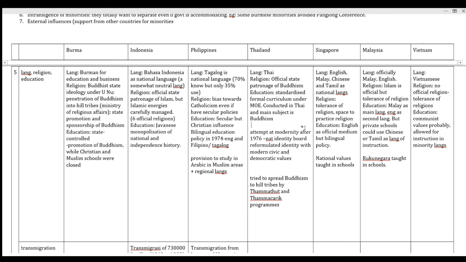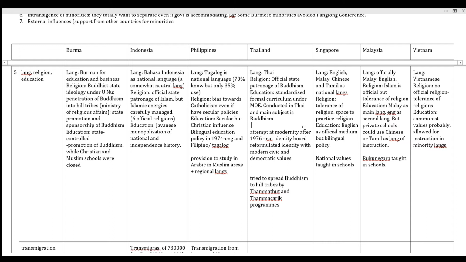And I hope it's okay. In education, they tend to focus on the Javanese side of things, so there's a Javanese monopolization of national and independence history, which would kind of alienate the minorities in a way.